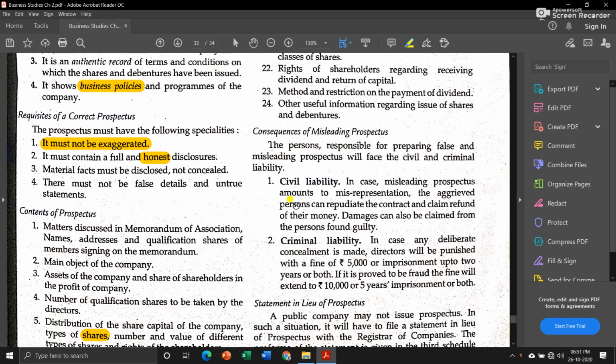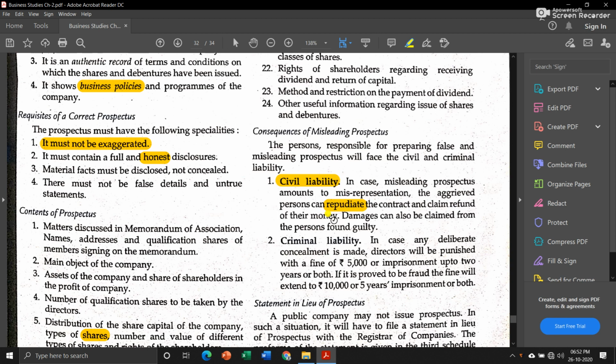Now, there are two kinds of liability. First one is civil liability. In case misleading prospectus amounts to misrepresentation, the aggrieved person, means the person who has suffered any kind of loss because of that misleading or misrepresentation, he can repudiate, means cancel the contract and claim refund of their money.